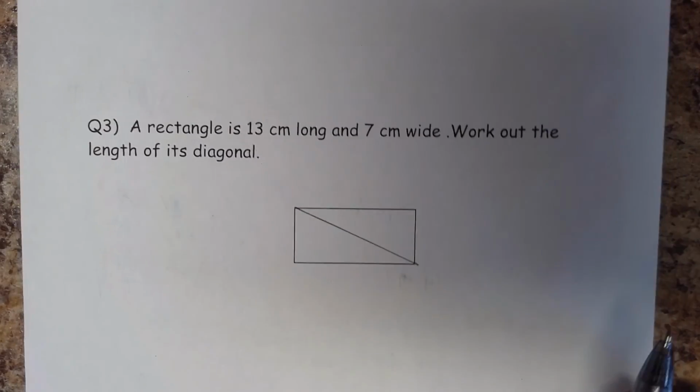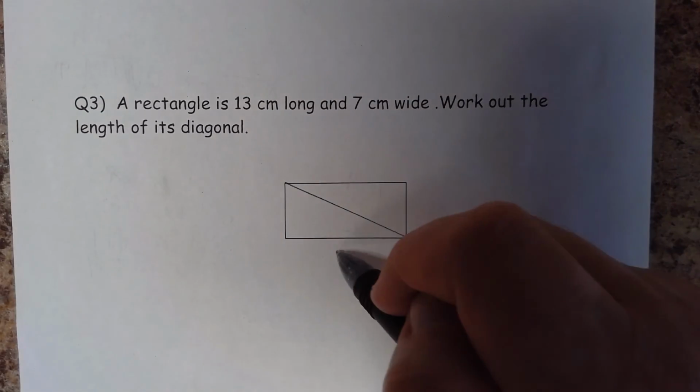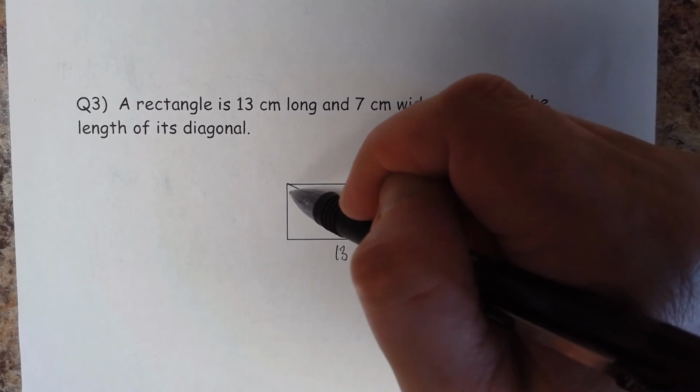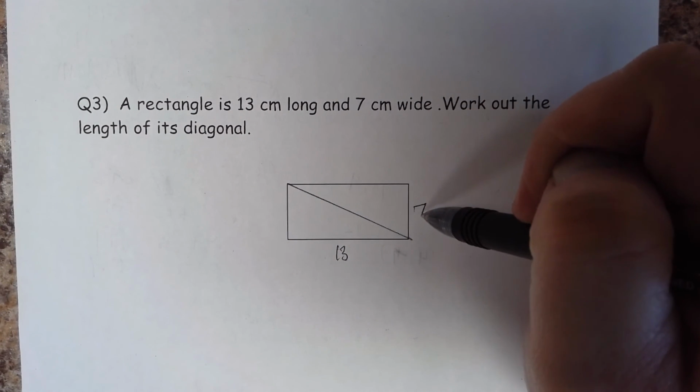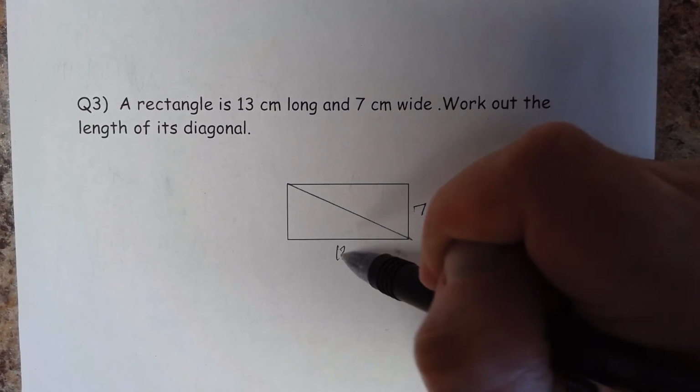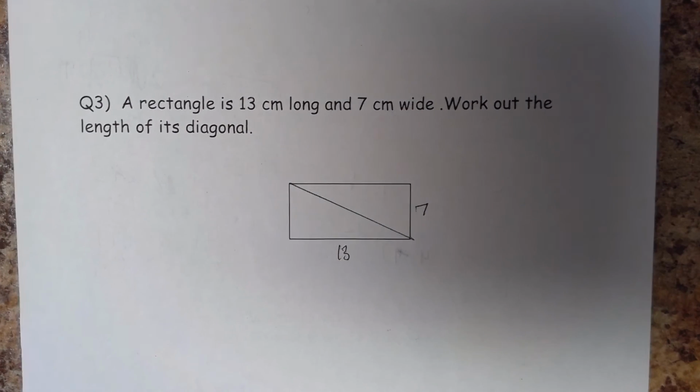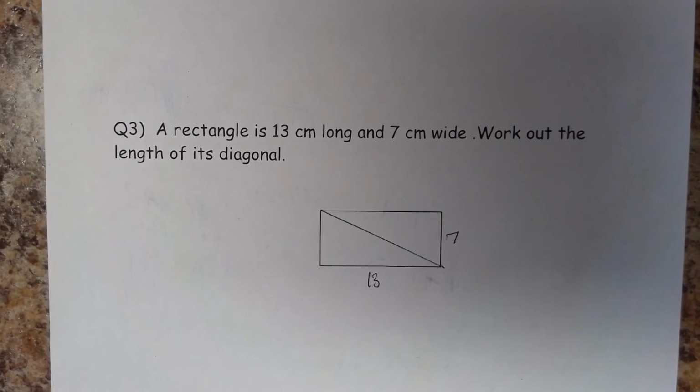So there's your diagonal. It's 13 centimeters long, 7 centimeters wide. To find this, you would simply take the 7 as your short side, the 13 as your middle side, and he would become side C. So try these two questions on your own. This is intended as a refresher of previous concepts.